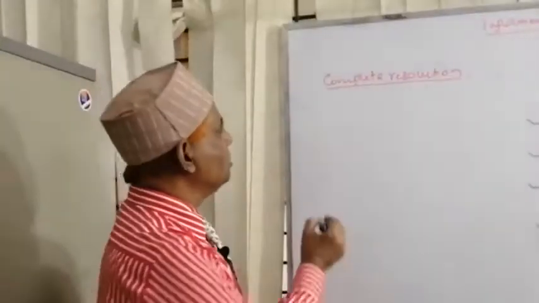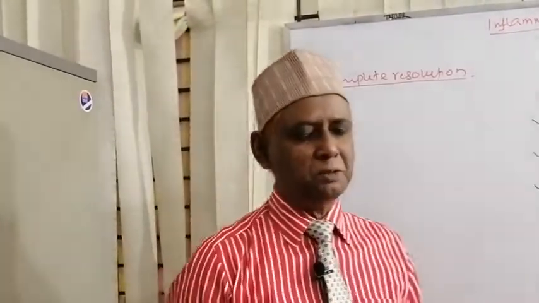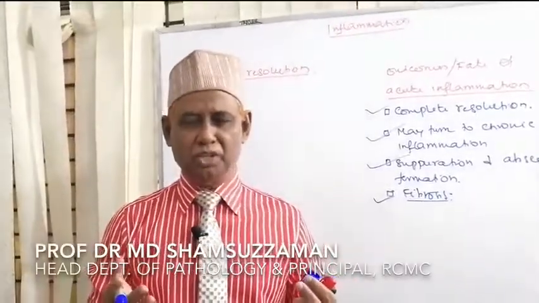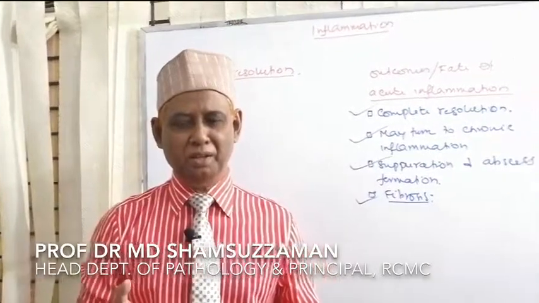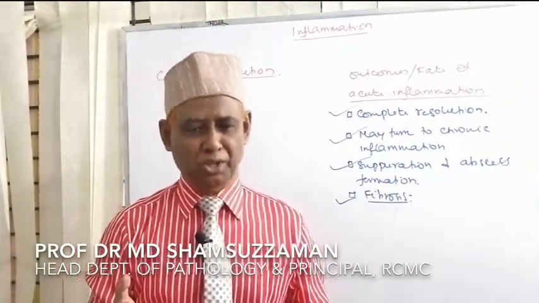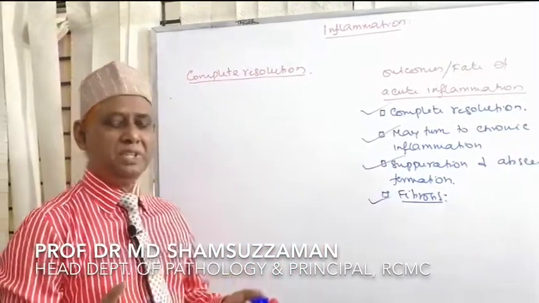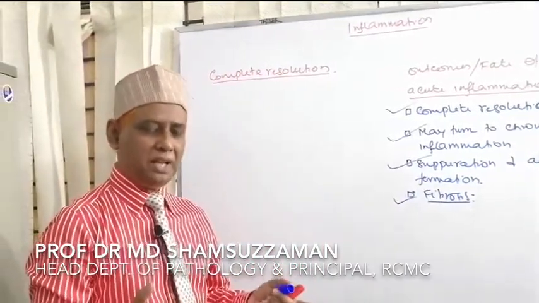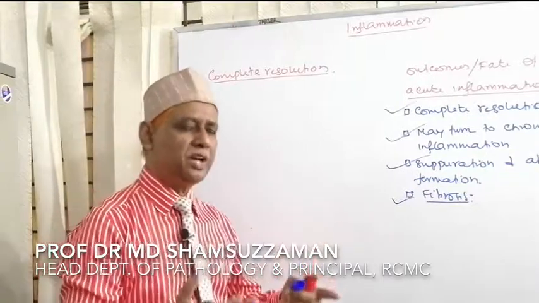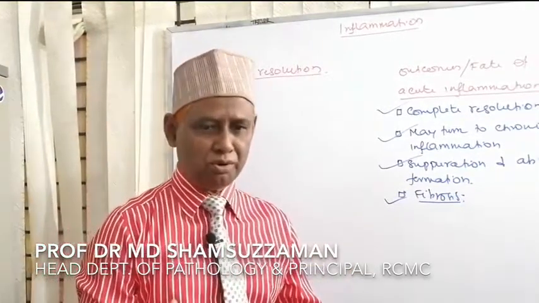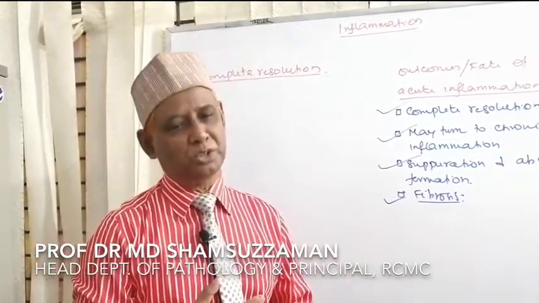Dear audience, you know, in acute inflammation there is redness, there is swelling, there is pain, and there is loss of function. These are the changes. If the changes disappear and the tissue that was changed in acute inflammation is restored, then it is called complete resolution.